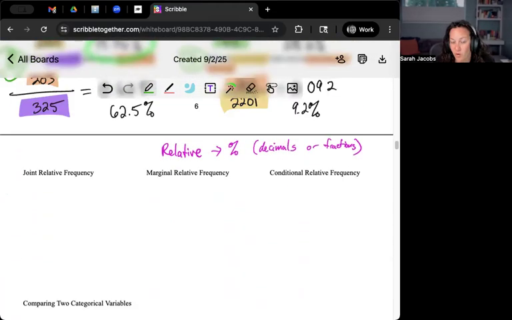That'll come up for question 23 when you're working on your problem set. All right, so joint relative frequency. That's when we have both categories accounted for, and you're taking this out of the total. So both things are true compared to the whole.